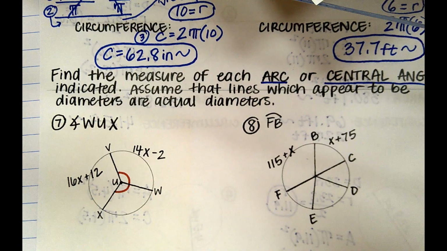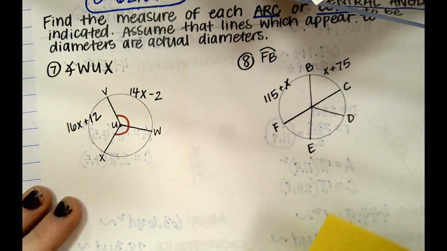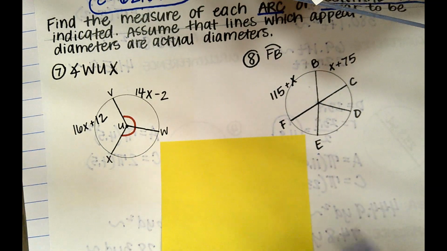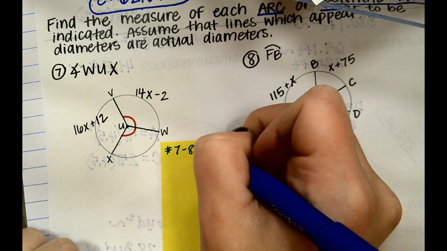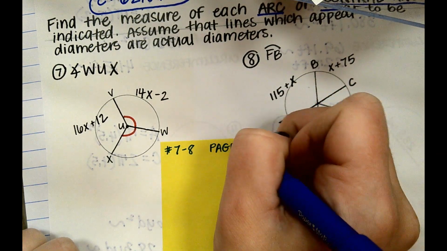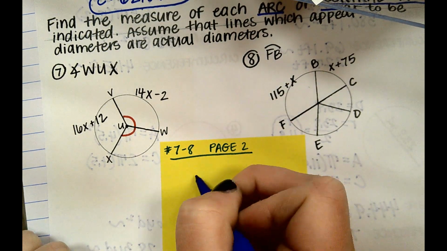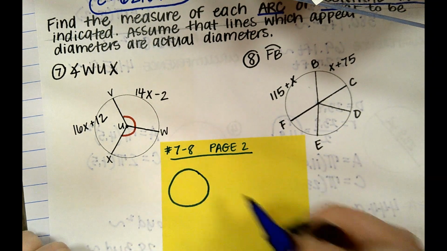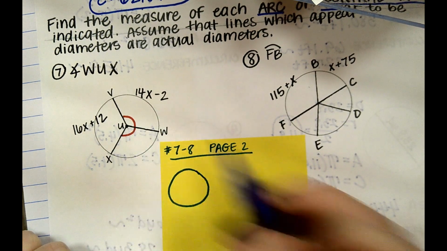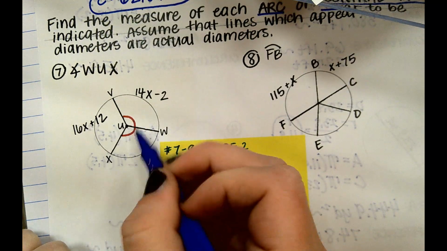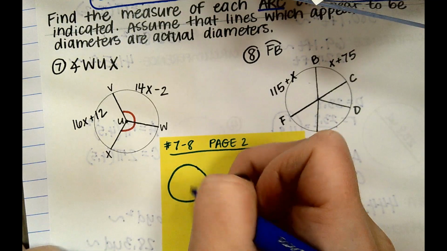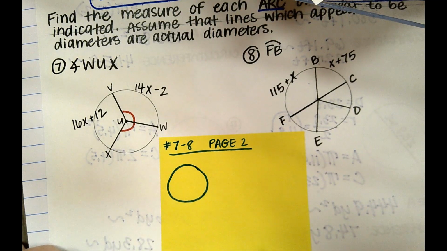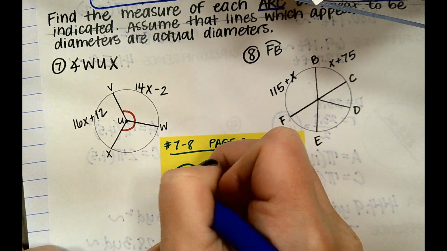For this section, 7 and 8, there's a few things that I would recommend taking note of. And I'm going to make another sticky note here. Number 7 to 8 on page 2. These two angles? Yes, arcs. If you have the same number of arcs, it tells you that the angles are equal. Another thing to remember is a whole circle has how many degrees in it? 360 degrees.